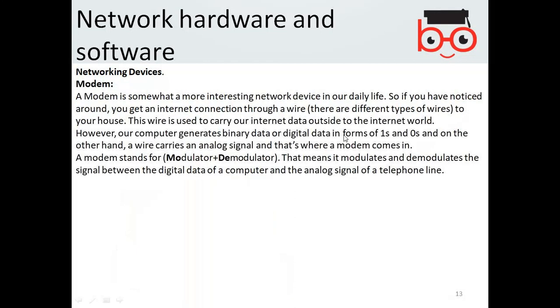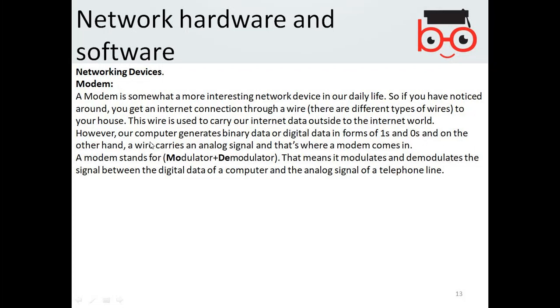Now, modem. A modem is a more interesting network device in our daily life. If you have noticed, to get an internet connection through a wire, there are different types of wires to your house. This wire is used to carry our internet data outside to the internet world.